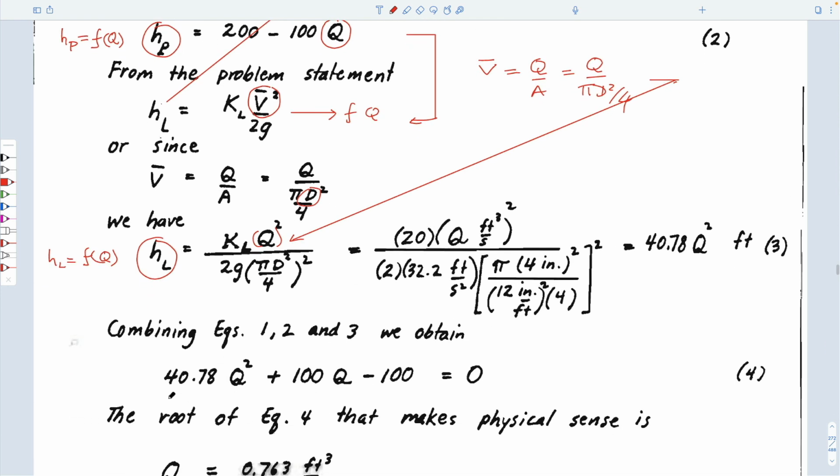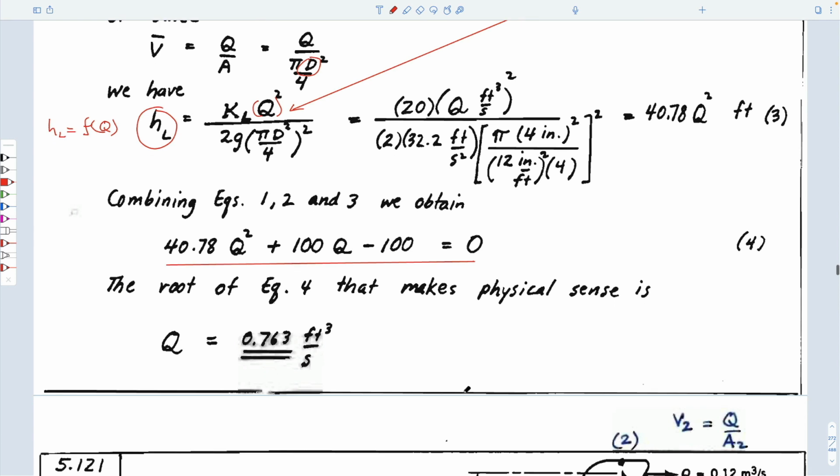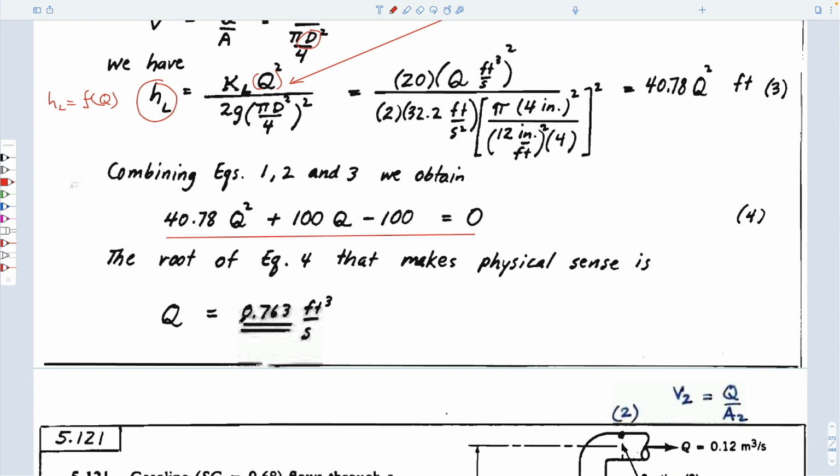So you end up with a quadratic equation, and a quadratic equation would have two roots. You solve for the two roots. One is probably a negative flow rate, one is probably a positive flow rate, and you take the positive flow rate. We won't go through the mechanics of this, but you use the quadratic equation to solve it.